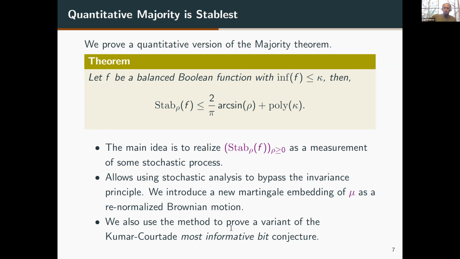And the benefit is that this allows us to use stochastic analysis to bypass the invariance principle. So we don't need to add that level of noise. And for that, we introduce a new martingale embedding of mu, a new way to realize the uniform measure on the hypercube as the terminal point of a martingale, which we call a renormalized Brownian motion.